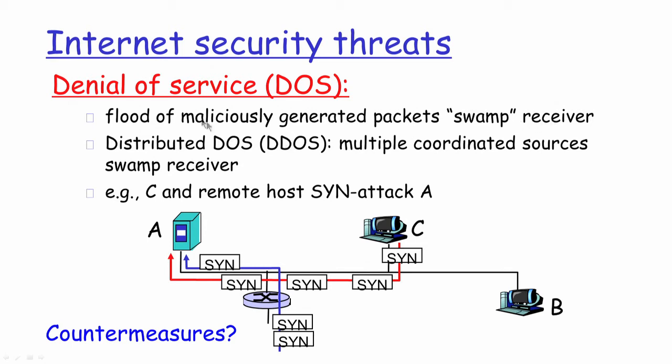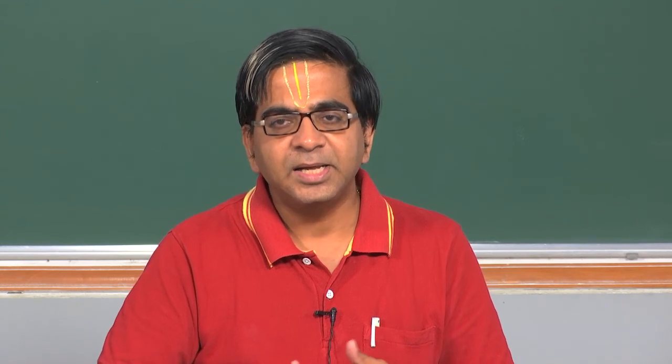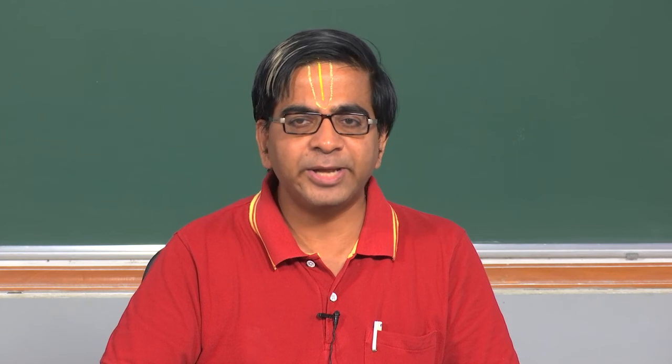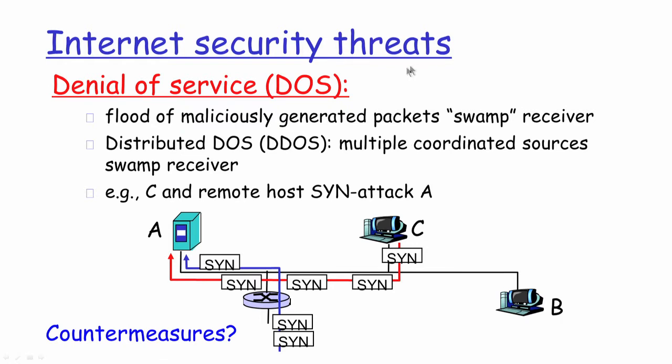A modified version of the denial of service is what is called a distributed DOS, where instead of a single attacking machine, there are very well coordinated multiple sources which swamp a single receiver at the same time, right. So the server which is getting attacked can possibly die down in a much quicker time as compared to getting attacked from only a single external server, right. So that is what is referred to as a distributed DOS also.